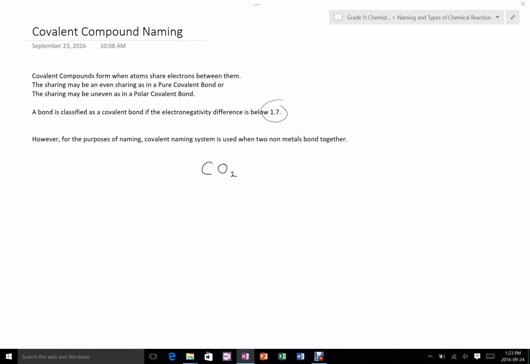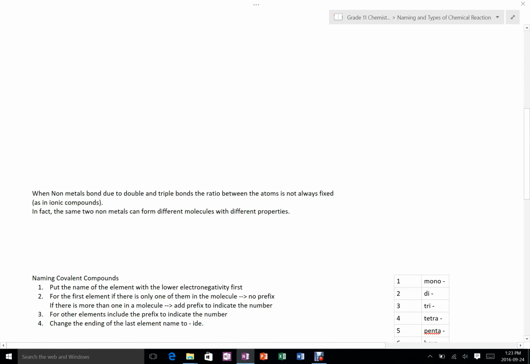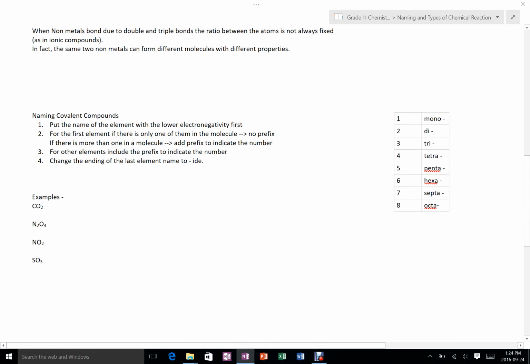use. This naming system is flexible, although it's still pretty simple, but we have to have a more flexible naming system here because nonmetals can form double and triple bonds when they're covalently compounded. And what that means is that molecules can combine in different ratios that we might not otherwise be able to predict.